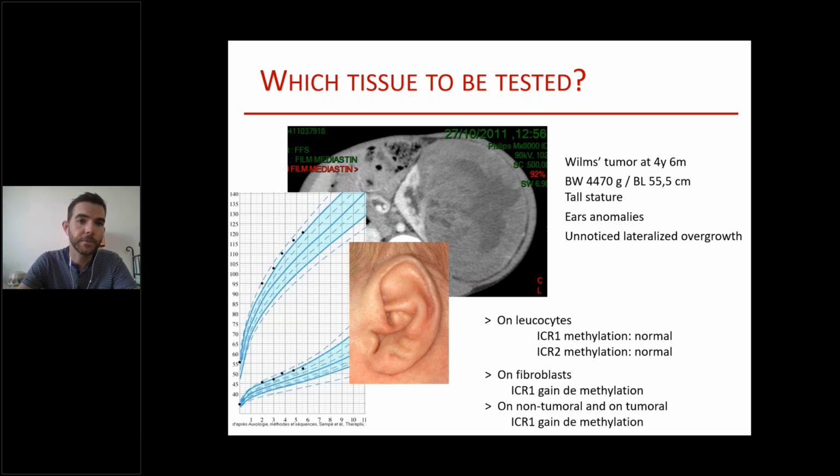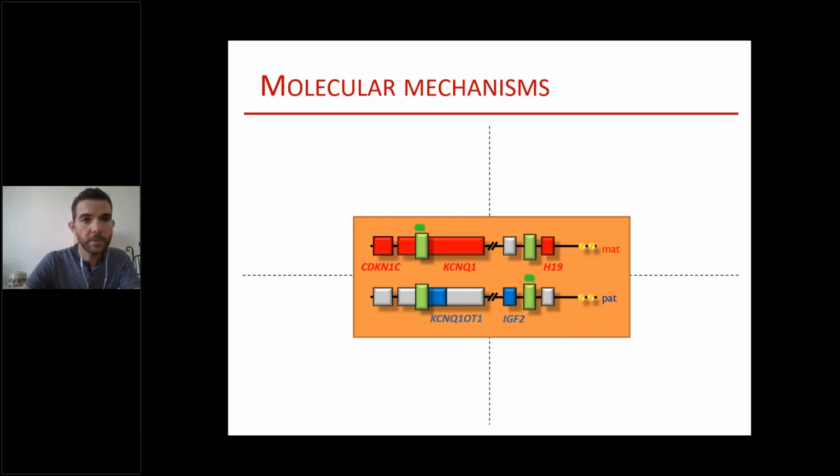So at the time of surgery of the nephroblastoma, we asked the surgeon to take some fibroblasts and some tumoral and non-tumoral kidney, and we performed the molecular test on those tissues, and we were able to show a gain of methylation at ICR1 on both fibroblasts, non-tumoral and tumoral kidney, confirming the diagnosis of BWS in this patient. So what are the molecular mechanisms that have been identified in this syndrome? I will go back to the 11p15 region.